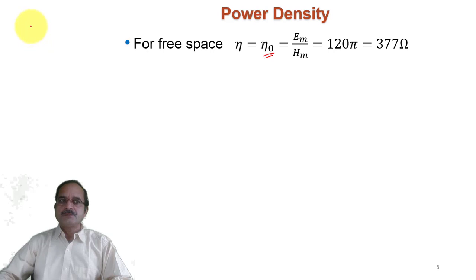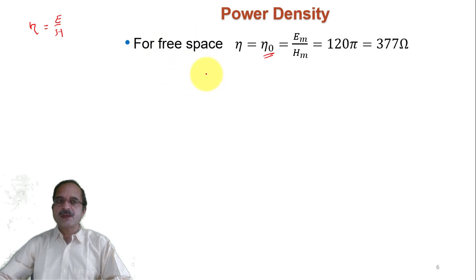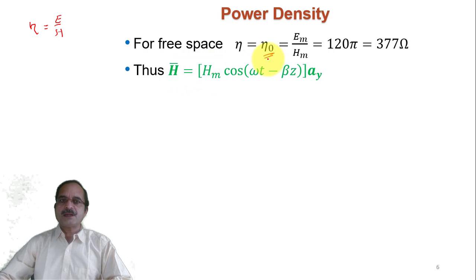Now, as we know, eta is E upon H, and earlier we have represented E in the form of a cosine wave, that is E equal to Em cos omega t minus beta z Ax. Similarly, we can represent the equation for magnetic field intensity, which also varies sinusoidally.